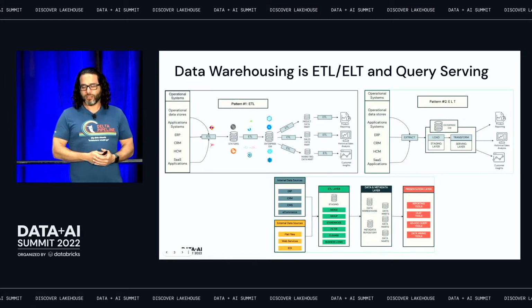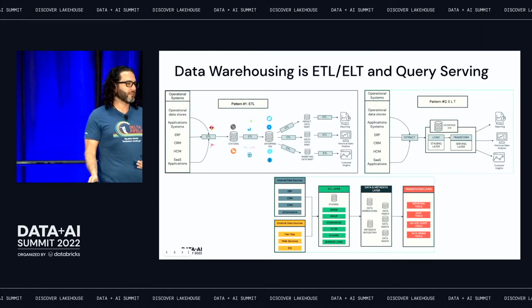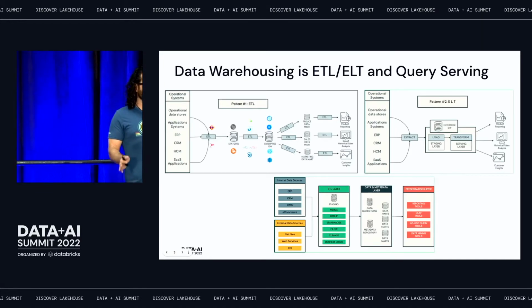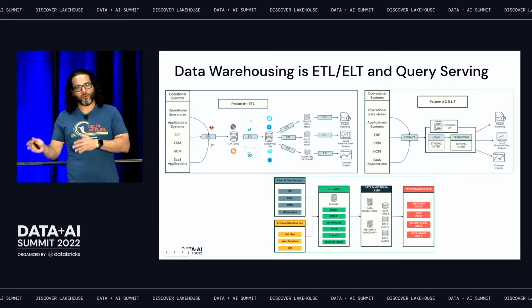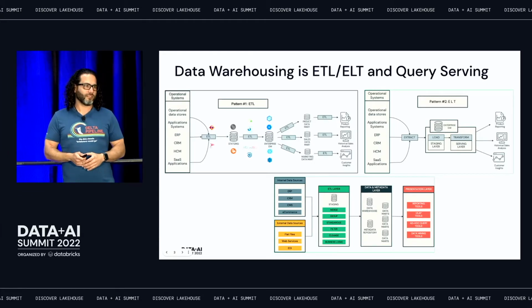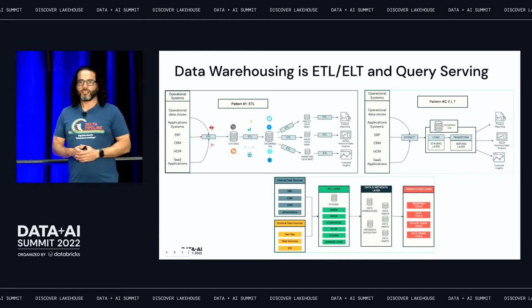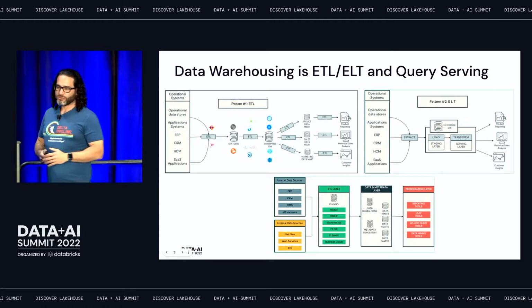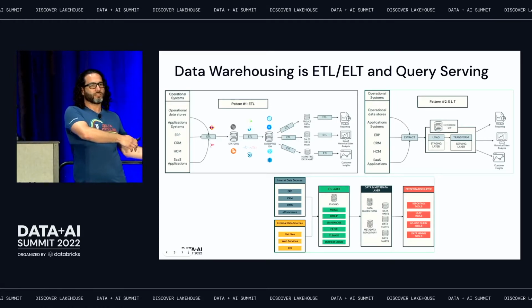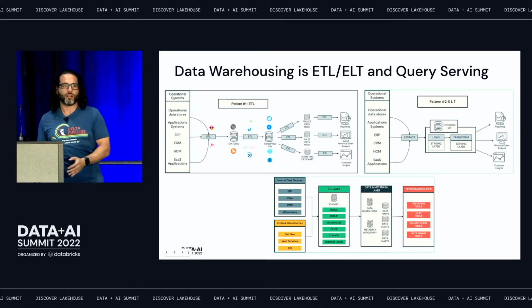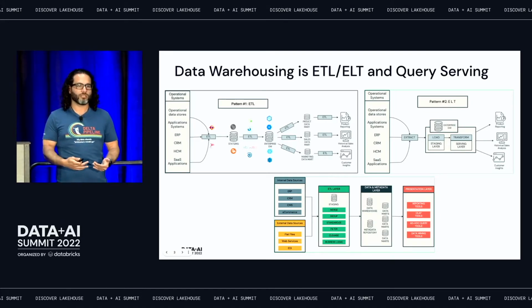There's this other paradigm that is being used called ELT, and how I define that, and how most of us define that, I've actually had 3 conversations today about people talking about these different things, is when you just take the data from the systems, you load it, you push it all into a warehouse, and then you do your transformations in the warehouse.